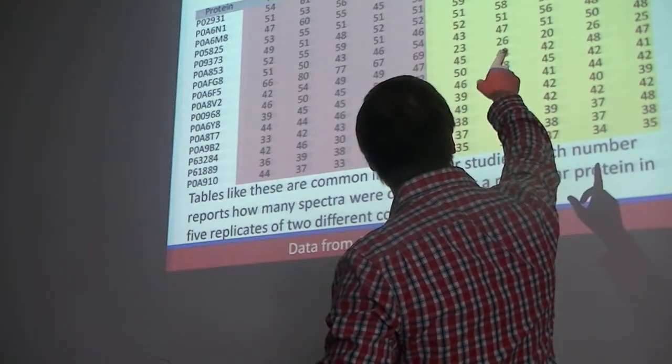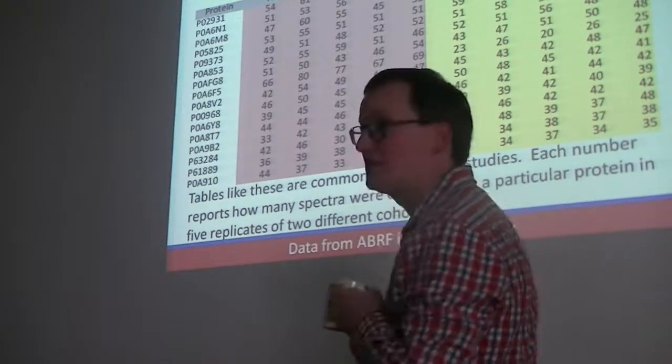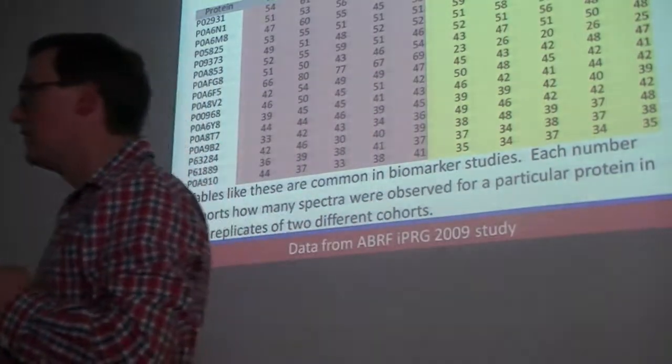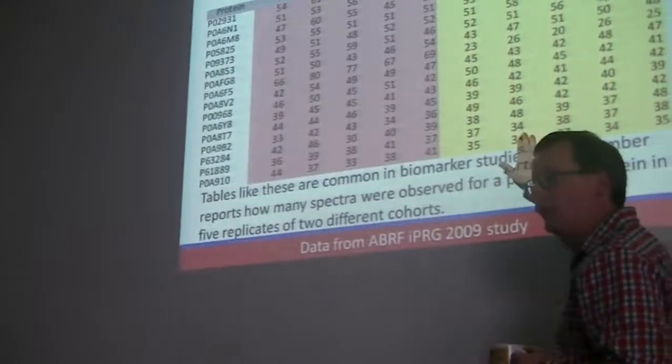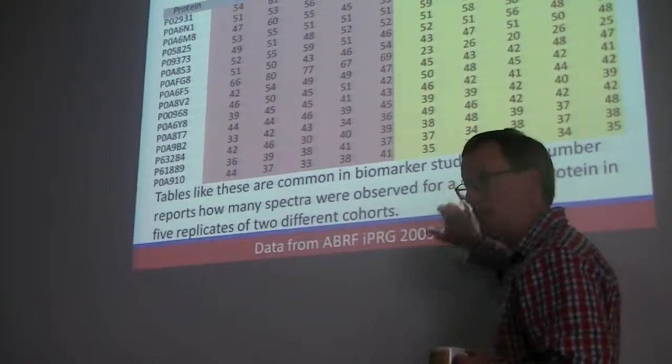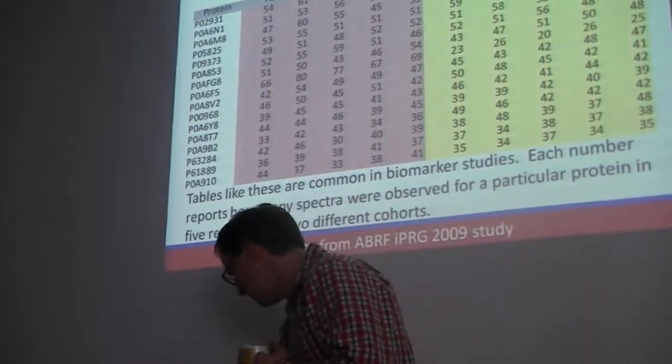It runs from 52 at a minimum up to 60 as a maximum. Those two distributions, red versus yellow, they overlap pretty heavily. And in this case, we would say, any statistical test worth its salt is going to decide, well, there must not be any difference in this protein between these two cohorts. Okay. So having a sensible way to do our statistics on count data really matters.